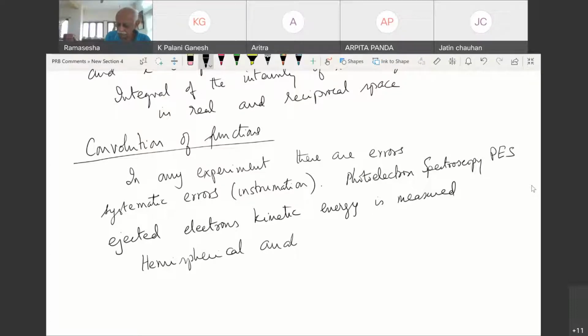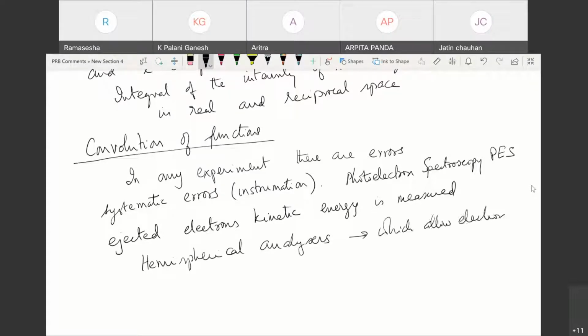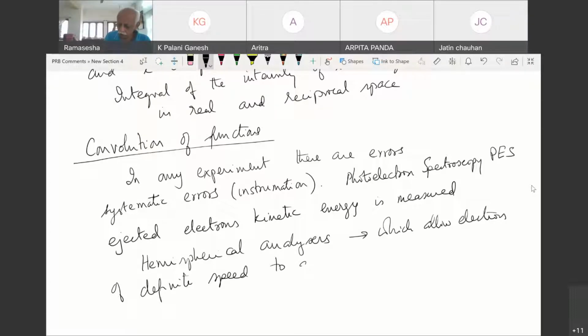So, which allow electrons of definite speed to go through the hemisphere. So, what's that?